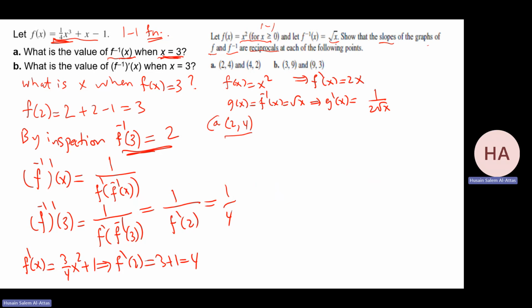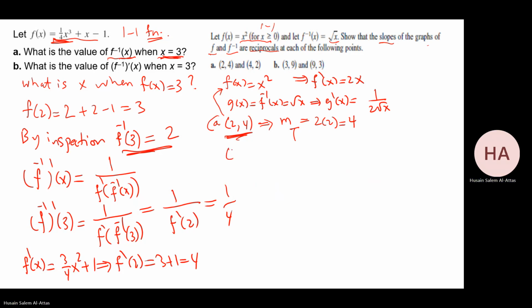This is part of f, because f at 2 equals 4. So the slope of the graph, the tangent line, will be 2 times 2, which is 4.